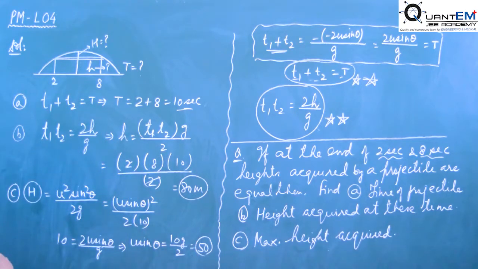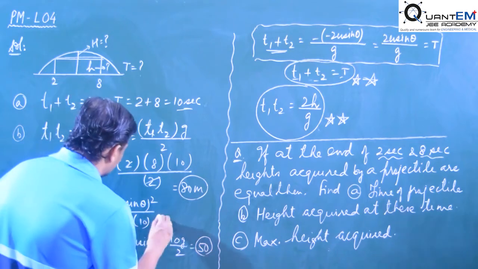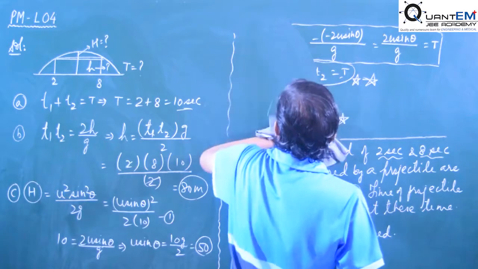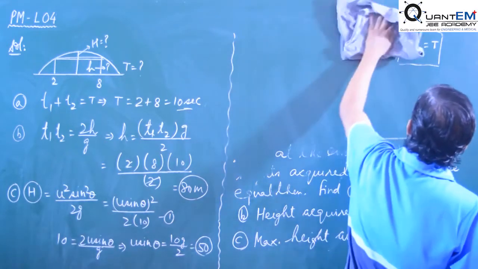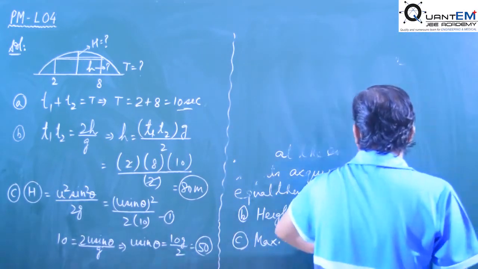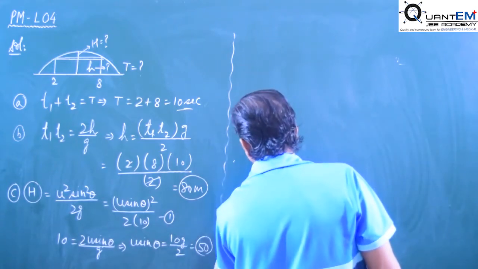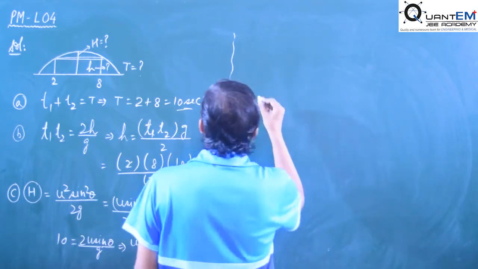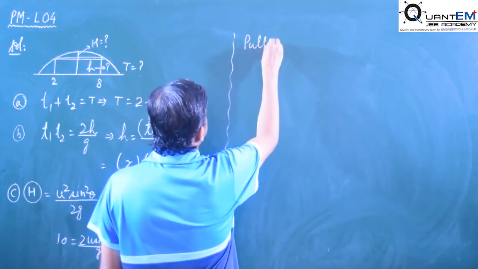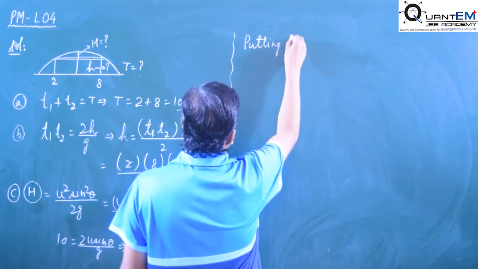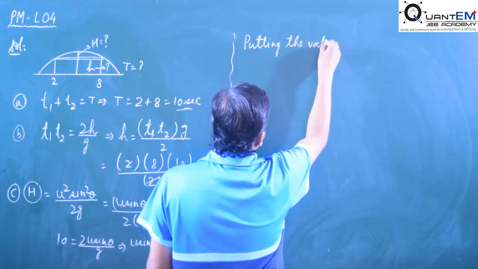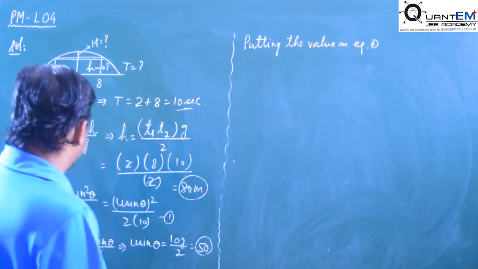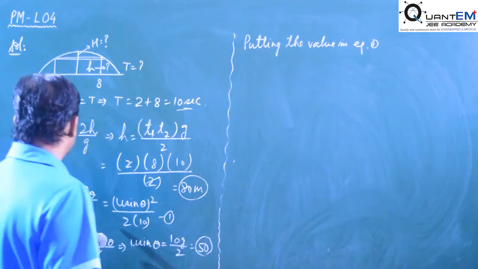Now put this value in this equation. Suppose this equation is 1, so putting in equation 1, u sin theta we have 50.